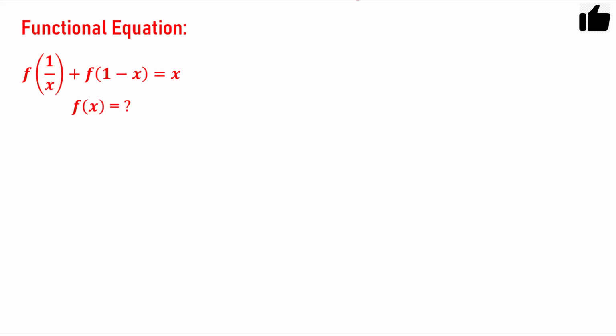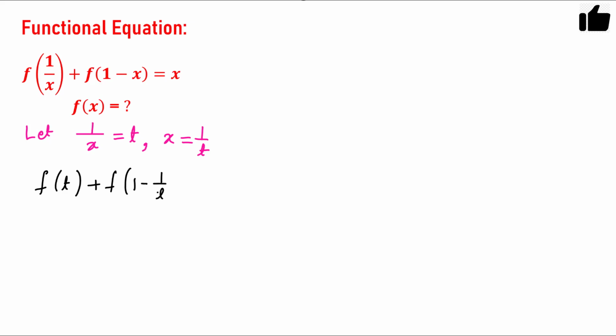So first we will assume the first substitution, that is 1/x = t. This means in terms of t I can write x = 1/t. So with this substitution I can write f(1/x) is simply f(t), and f(1 - x) is nothing but f(1 - 1/t), and this is equal to x, that is 1/t.